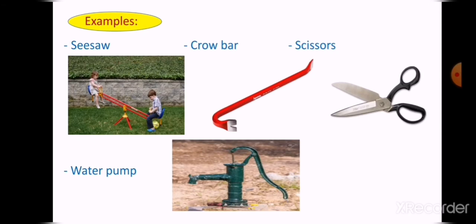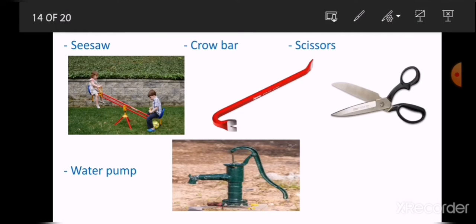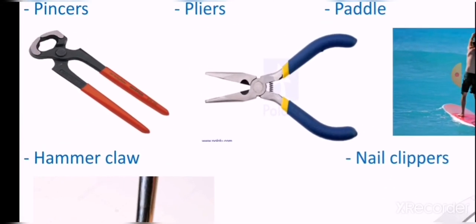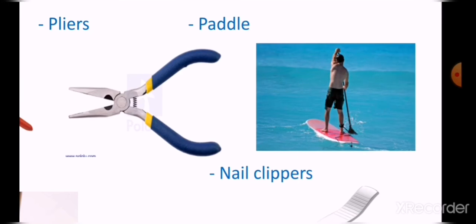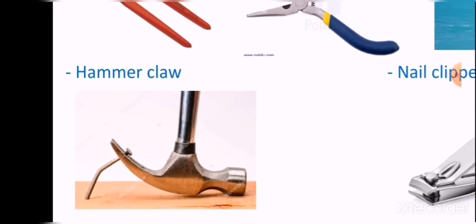Like water pump. Water pump is an example of first class lever. Yes. Like pincers. Also like scissors and pliers. This picture is called pliers and this is pincers. Like pedal. Pedal is first class lever. And hammer claw.